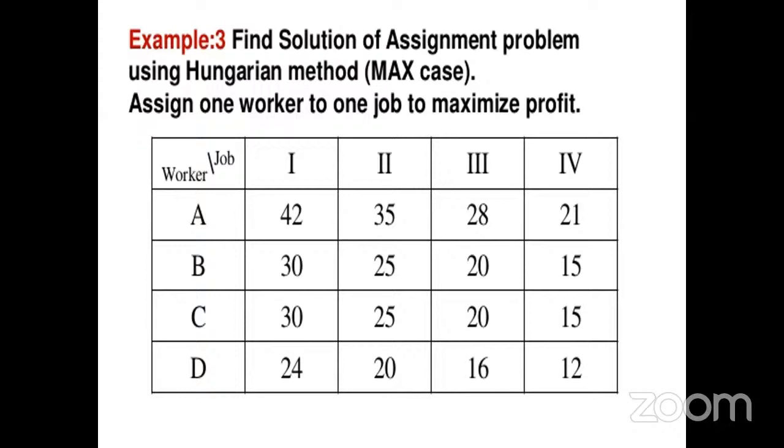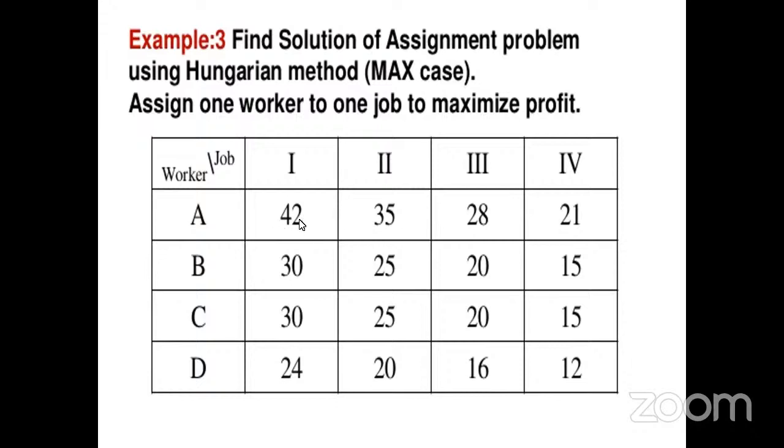To convert profit matrix into cost matrix, the same procedure we need to follow here also. The highest value among the total matrix we need to take, and we need to subtract all other elements from this highest element. So the highest element is 42.